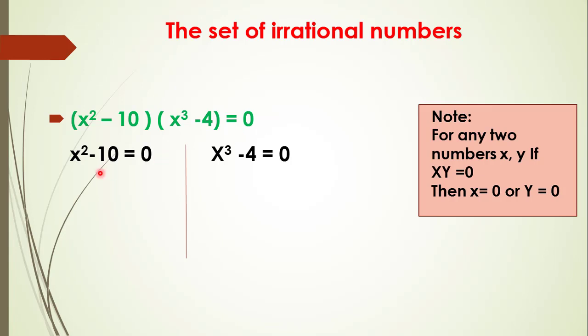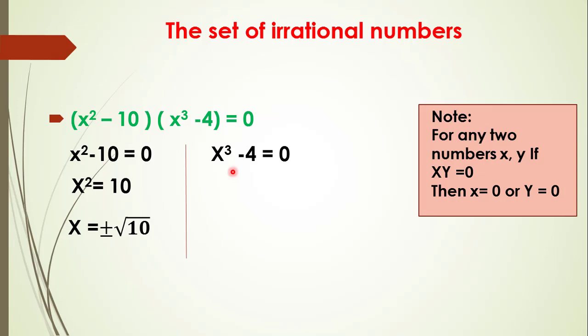Let's solve each one. The first one, x power 2 minus 10 equals 0. Move negative 10 to the right-hand side with a positive sign. So x power 2 equals 10. Power 2 here, so I'll take the square root. It means that x equals positive or negative root 10. The second equation, x power 3 minus 4 equals 0.